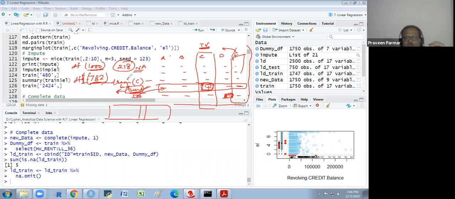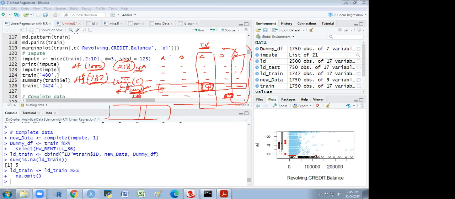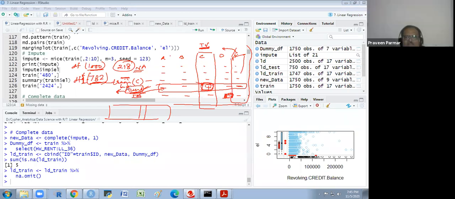When we train the model, after that we see the summary of the model and we see which variable is making a significant impact and which is not. We check that after training the model, and then we remove the variables which are not making a significant impact. We'll see it in the practical.